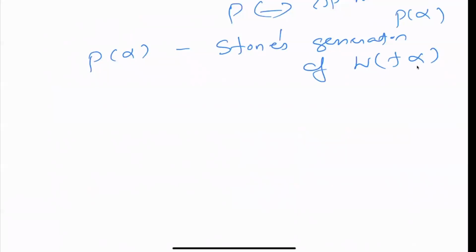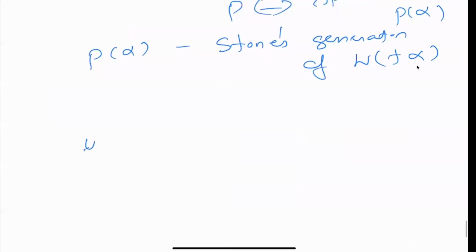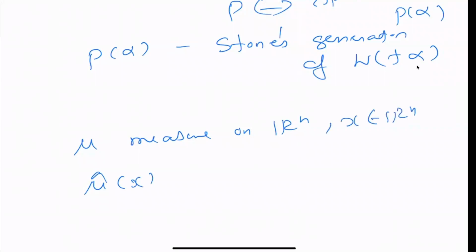See, usually what is a characteristic function? If mu is a measure on Rn, then you have this mu hat, which is defined on some x in Rn. Then this is defined as e power minus itx, or itx.